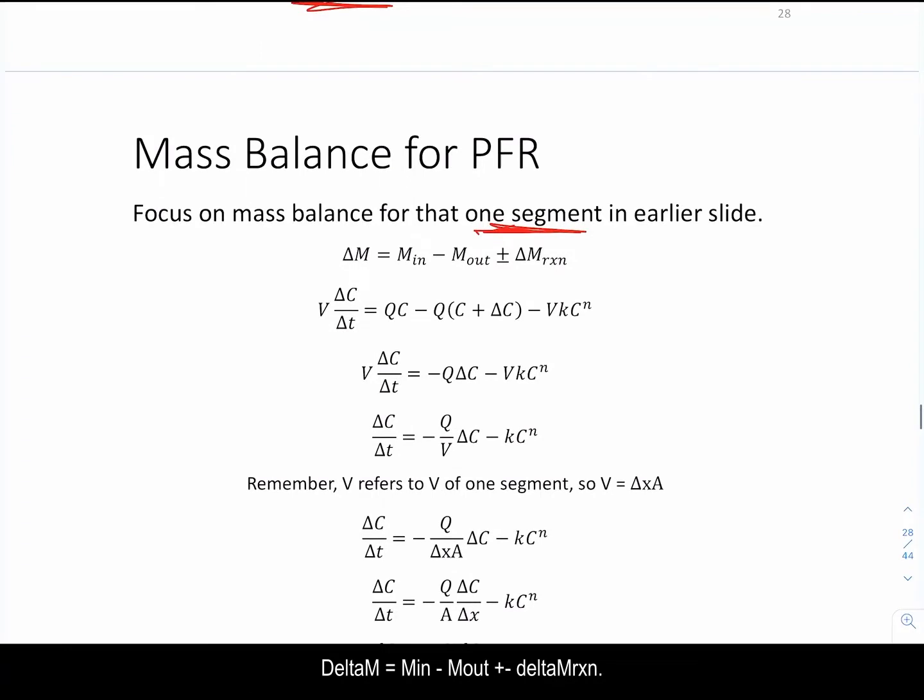Then the delta M equals M in minus M out plus or minus delta M reaction. So that's the same thing that we used. Then V delta C over delta T, so this is basically this thing. And then M in, I'm going to now express all of that in terms of this. Just make sure that I'm not confusing you too much.